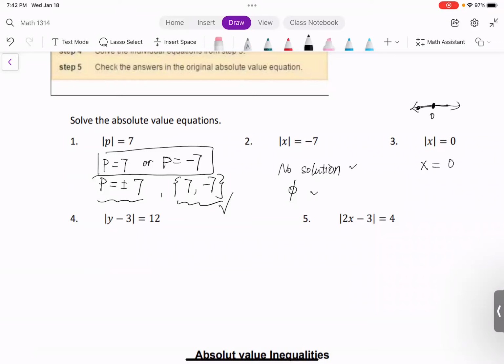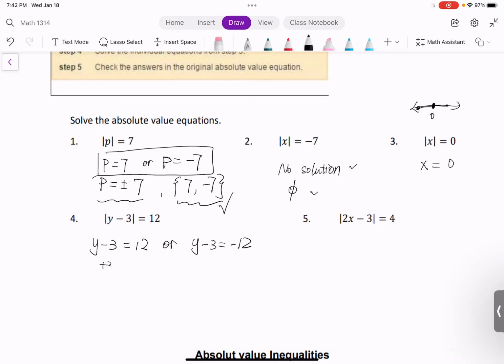Next example, absolute value of y minus 3 equals 12. That means everything in the absolute value, its distance to 0 equals 12. So y minus 3 equals positive 12, or y minus 3 equals negative 12. Then we can solve these two equations separately.